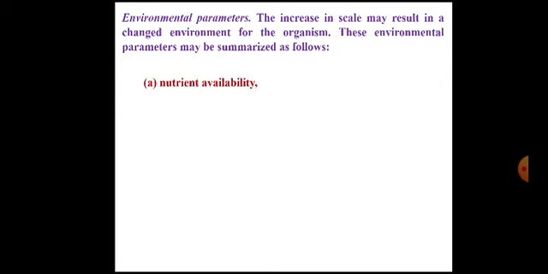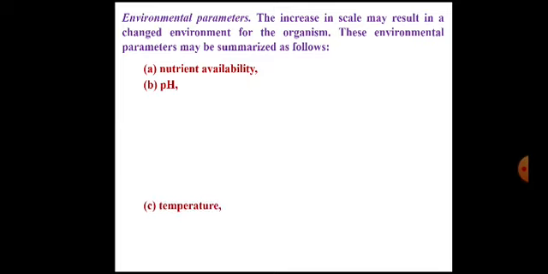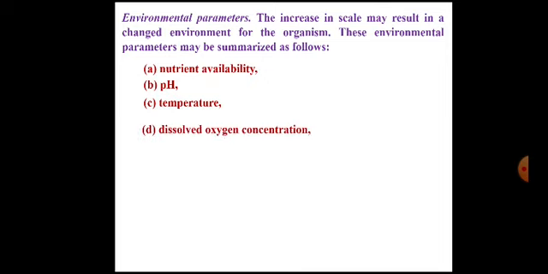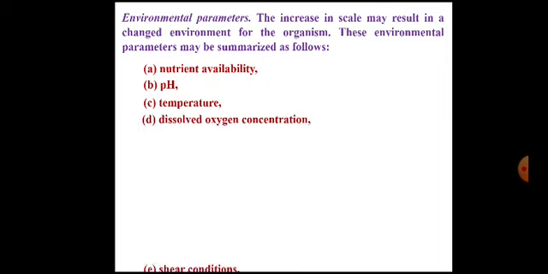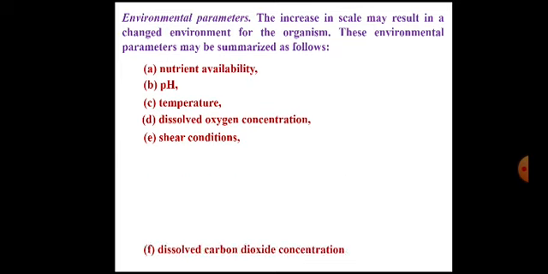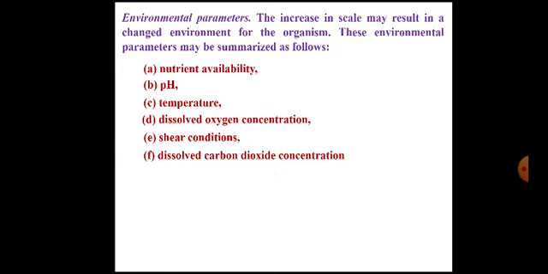So the major environmental parameters which are affected due to increase in scale are nutrient availability, pH, temperature, dissolved oxygen concentration, shear conditions, dissolved CO2 concentration, foam production.